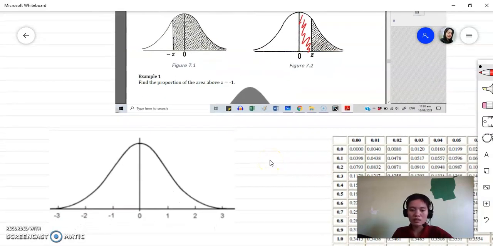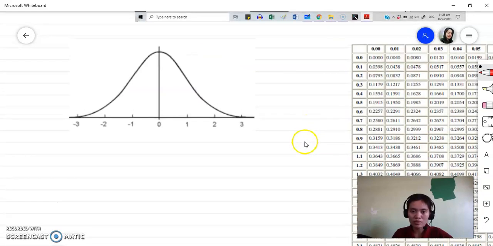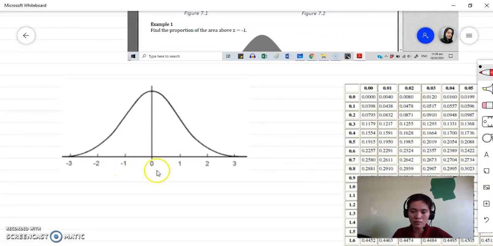Okay, so let's have an example. Example number 1: above z equals negative 1. So you have the normal curve. What you're going to do is to locate your z. So where is negative 1? It's here. Then you draw a line through the z value, and you shade the region.